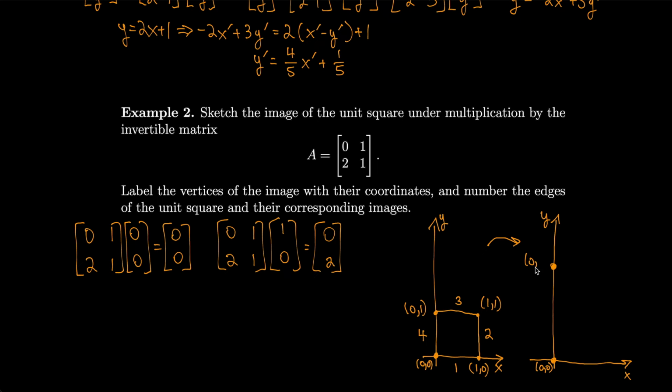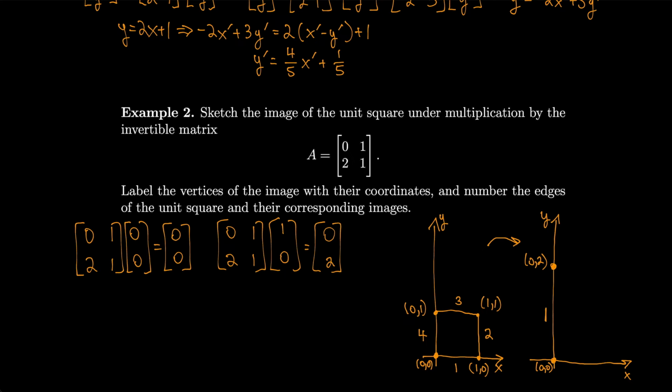Here's (0, 2). So that means that I went from here to here, and I ended up from here to here, because (1, 0) got moved to (0, 2). It moved all the way up over there. So this was 1, and now this is 1.